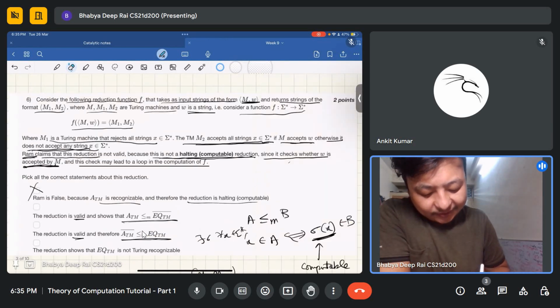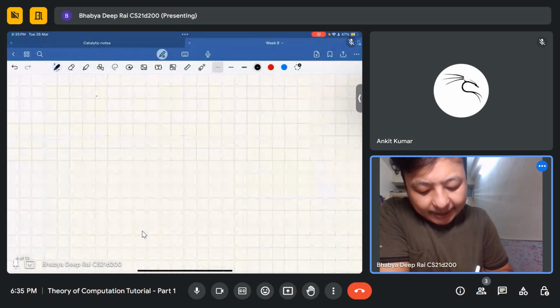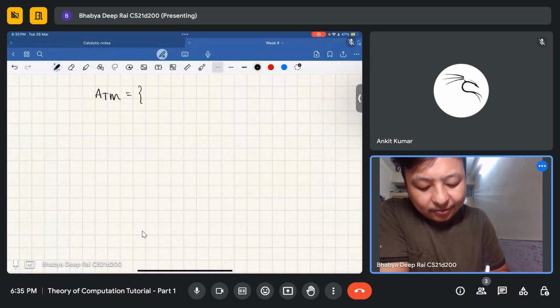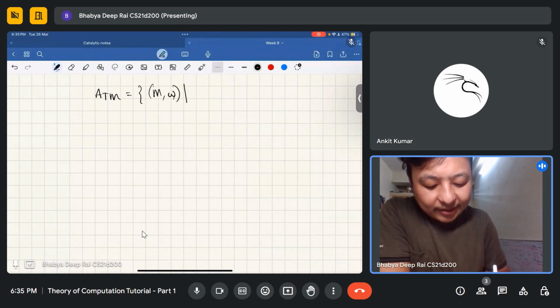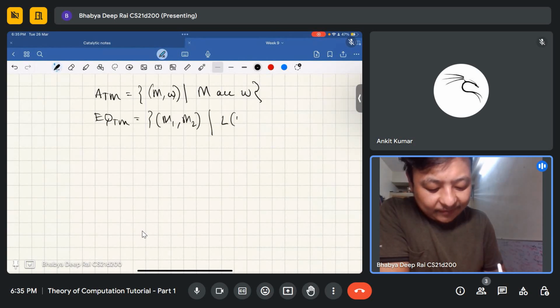They are saying it shows that ATM reduces to EQTM. ATM, what does it do? It takes M, w and checks that M accepts w. And what is EQTM? It takes M1, M2 and checks if the language of M1 is equal to the language of M2.